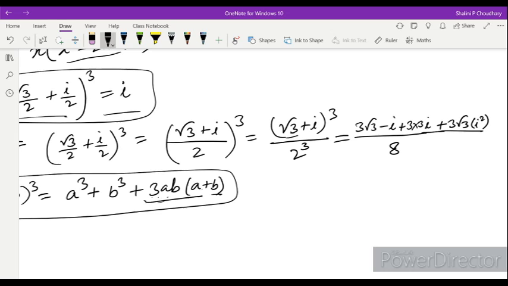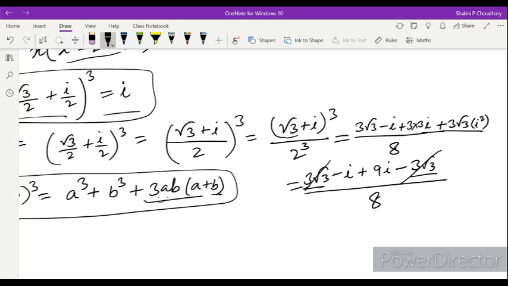So this will be equal to 3 root 3 minus i plus 9i, and i square is minus 1, so minus 3 root 3, divided by 8. 3 root 3 and minus 3 root 3 we can cancel.